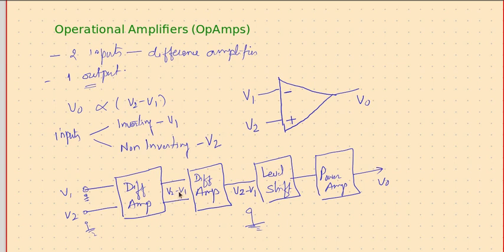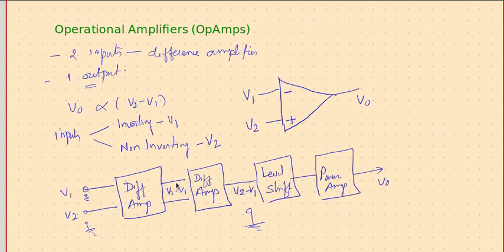So that's the basics of an operational amplifier made up of four stages. First stage, dual input, balanced output differential amplifier. It has got two inputs, it has got two outputs, and that's a balanced version.